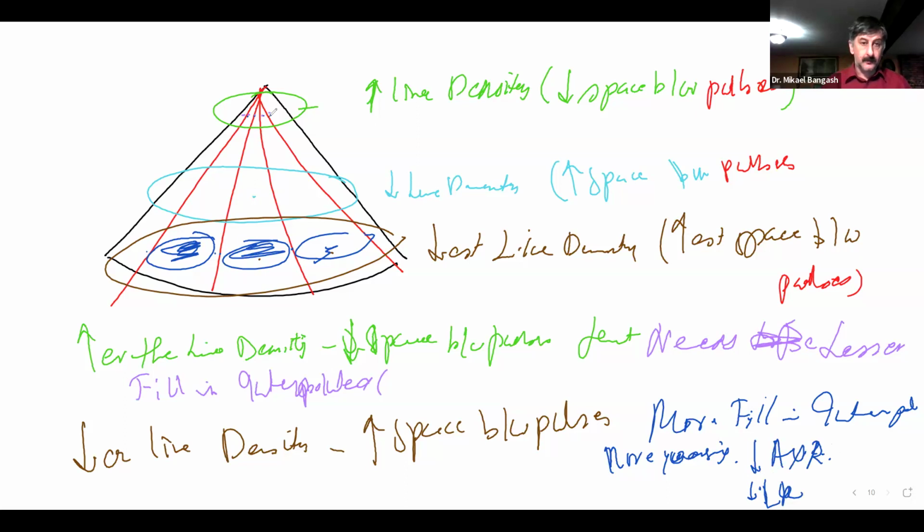Whereas up here, it's going to be relatively greater, mainly because of lesser guessing or lesser fill-in interpolation. That's better axial resolution and lateral resolution.